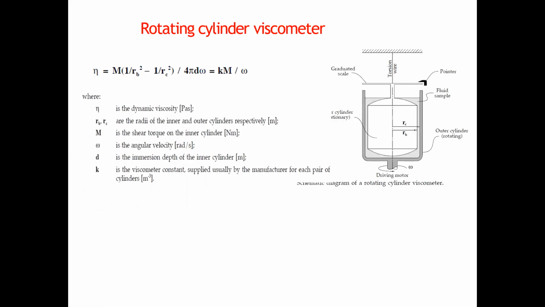Then there is the fluid sample, and in the center there is a torsion wire. The formula is given: eta in pascal-seconds is the dynamic viscosity, with the radii of the inner and outer cylinders, the shear torque, the angular velocity, the immersion depth of the inner cylinder, and a viscometer constant.